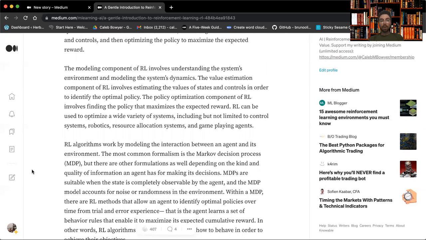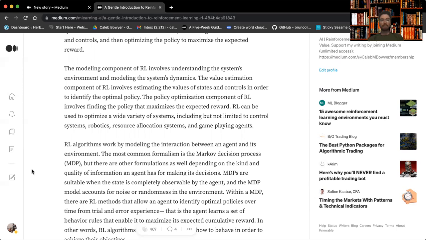The modeling component of RL involves understanding the system's environment and modeling the system's dynamics. The value estimation component of RL involves estimating the values of states and controls in order to identify the optimal policy. The policy optimization component of RL involves finding this policy that maximizes the expected reward.